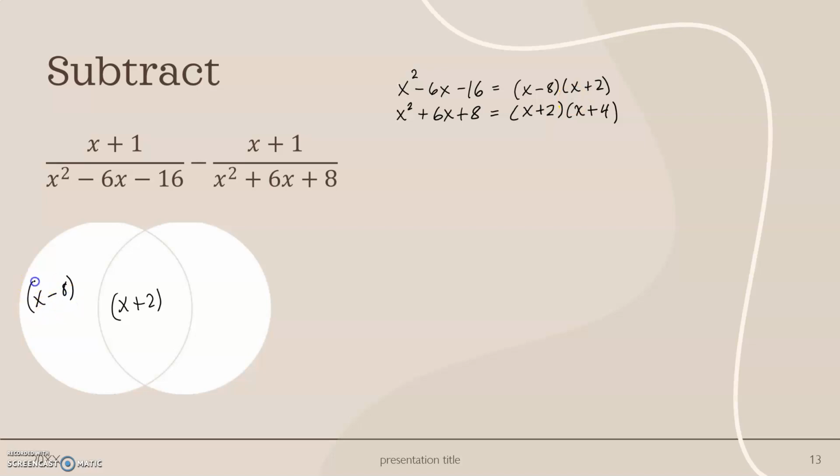This one also has an x minus 8 in it, and this one also has an x plus 4 in it. So when I multiply them both, I do 1. The thing that's missing here is an x plus 4.